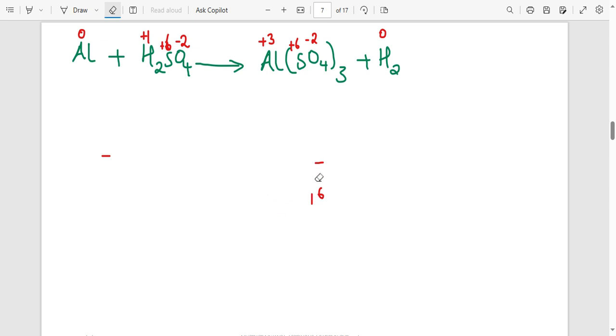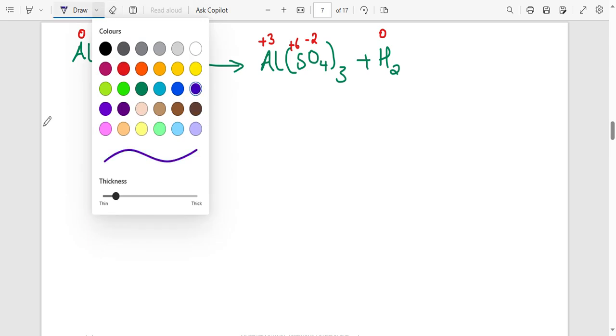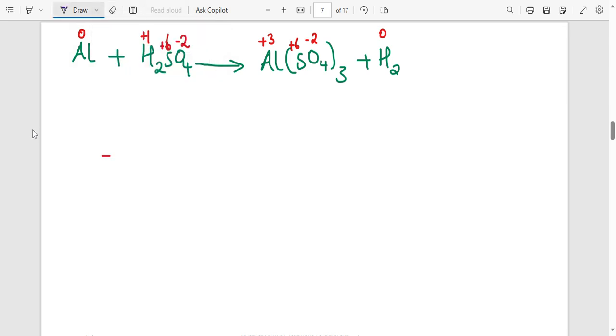Now we are going to look at those atoms whose oxidation numbers have changed. Which atoms have got oxidation numbers changed? So aluminium is moving from 0 to positive 3, so we're going to show an arrow.